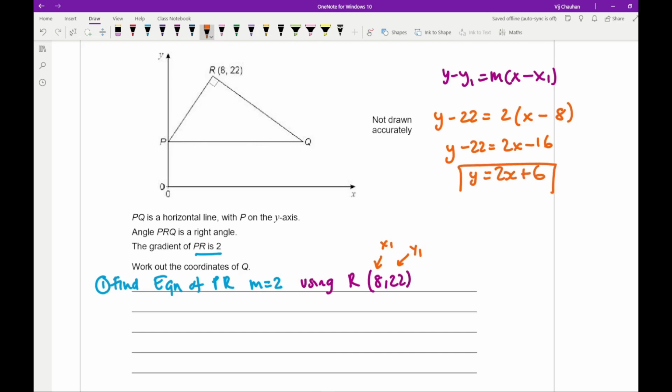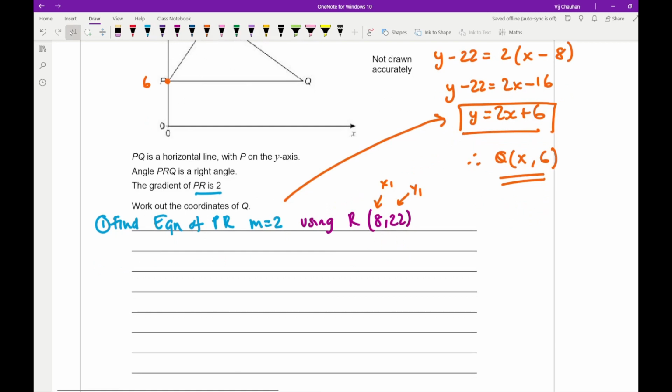Now as you can see, that there is the equation of PR, and that ends in a 6, so that means this coordinate here is 6. Because PQ is a horizontal line, Q is going to have an x ordinate of x but a y ordinate of 6.